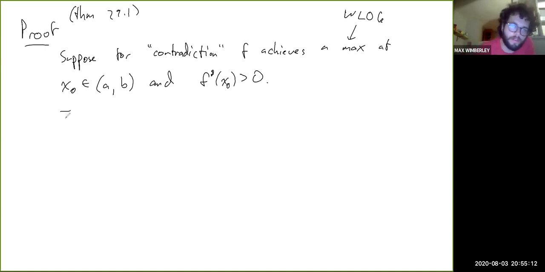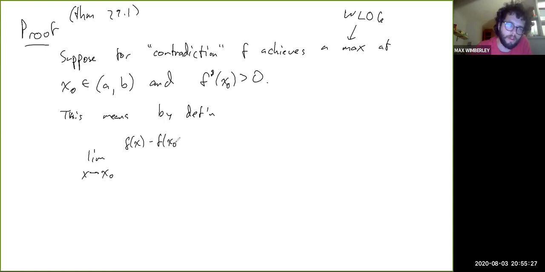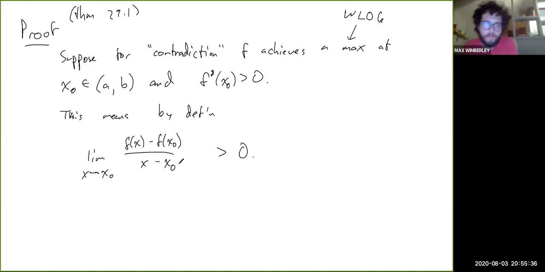So this means, by definition, that the limit as x approaches x naught of f of x minus f of x naught over x minus x naught is greater than 0. So this limit equals some number greater than 0.